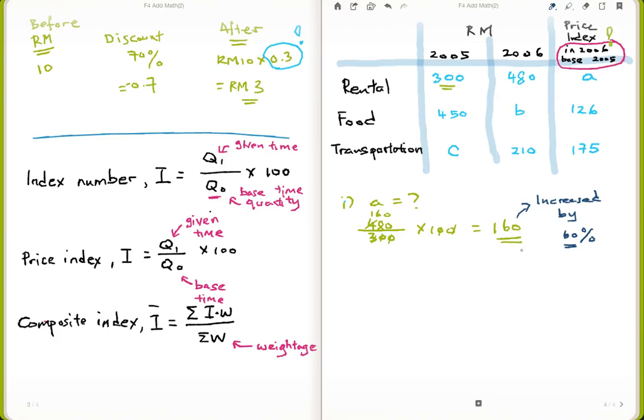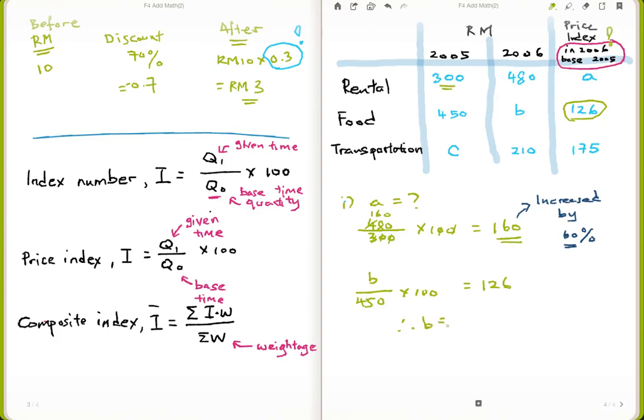So this price index would tell you how much it increase. Okay. So if you understand this part, based on the background they have brought you up in the last page, previous few pages. So in order to find B, a given time 206, base is 450 times 100. The answer is 126. This is given here. So rearrange them. Therefore, put in calculator.